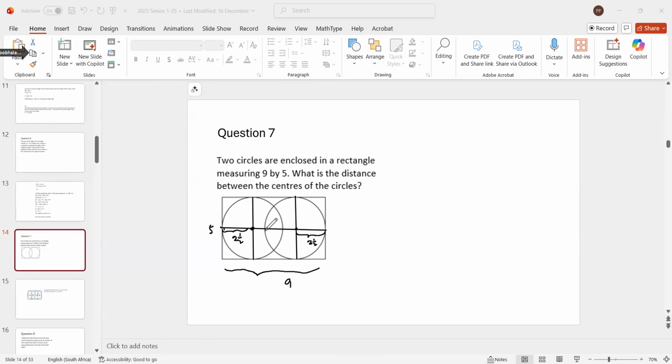So we are interested in the distance between the two. So the distance that we are looking for plus 5 is actually equal to 9. So the answer is 4.